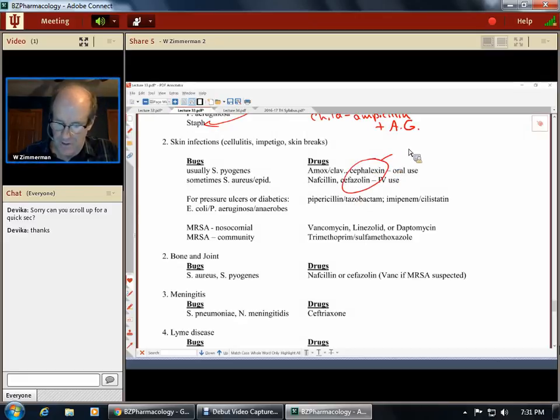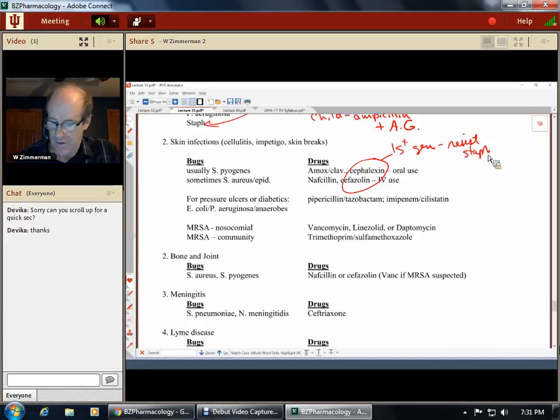Both of these will get cephalexin, cefazolin, or first generation, and therefore they resist staph lactamase. But so will the nafcillin and the amoxicillin clavulanate. They'll also work there.